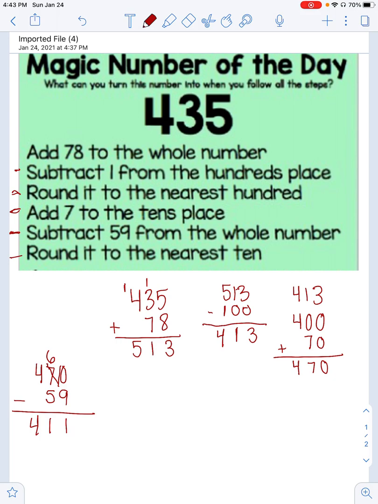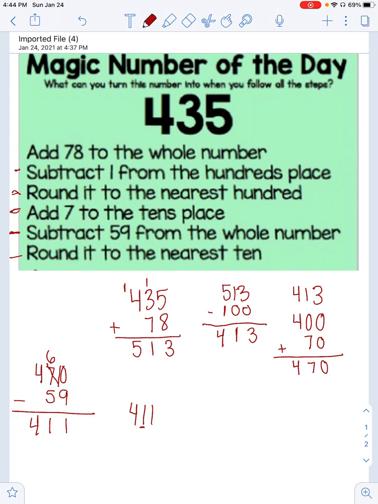Last direction says round it to the nearest 10. Round it to the nearest 10. Okay, so 411 rounded to the nearest 10: are we going to keep it a 1 or are we going to round it up to 2?